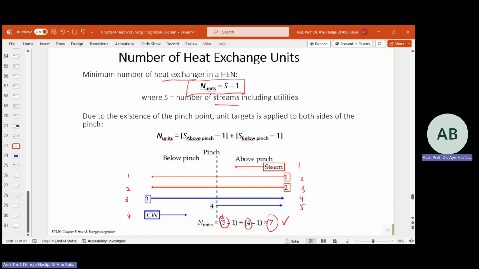For example, let's say the cooler given by the manufacturer can supply only 5 megawatt, for example, but here you need 10 megawatt. So it means you need 2 coolers, right?